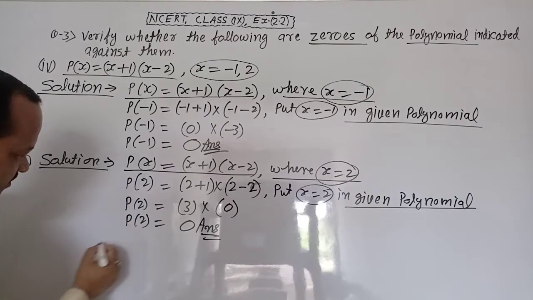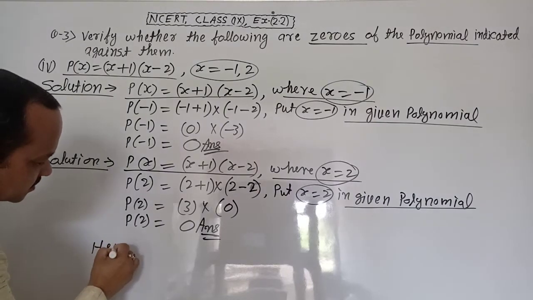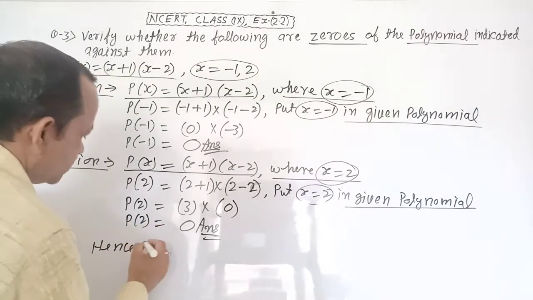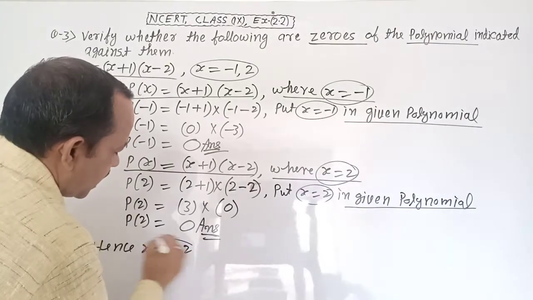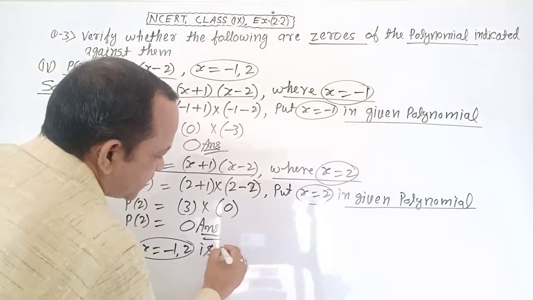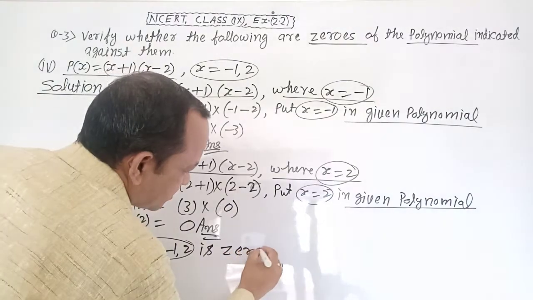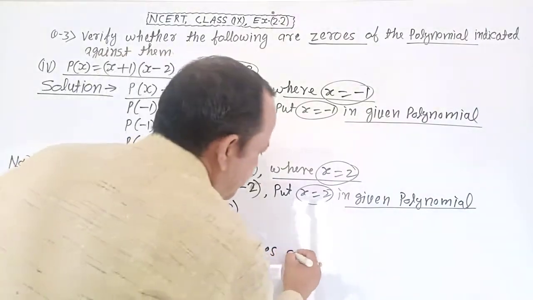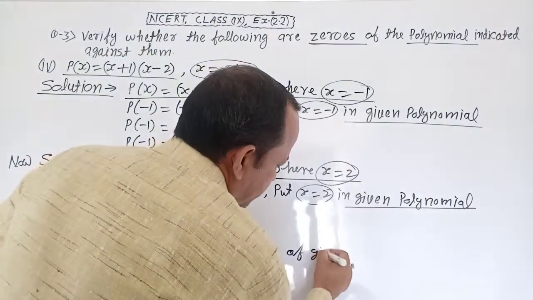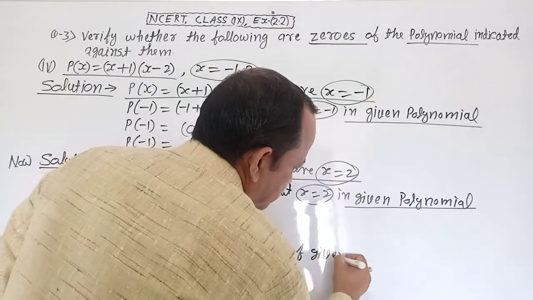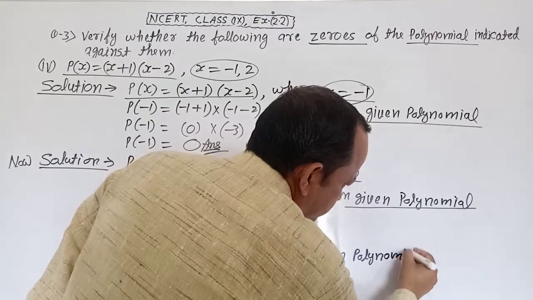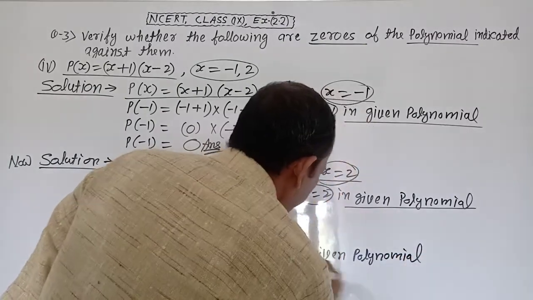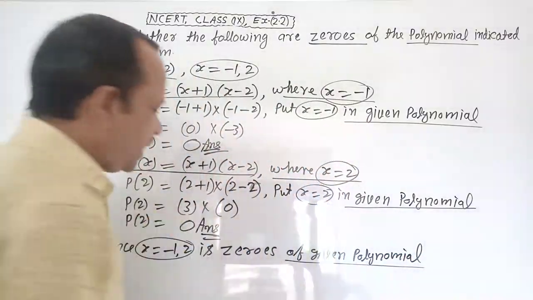Here hence x equals minus 1 and 2 are zeros of the given polynomial. Verified.